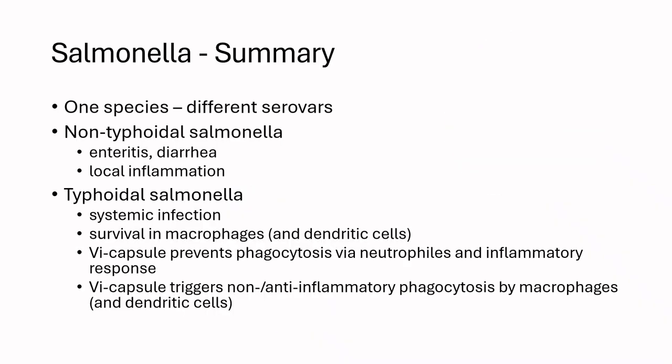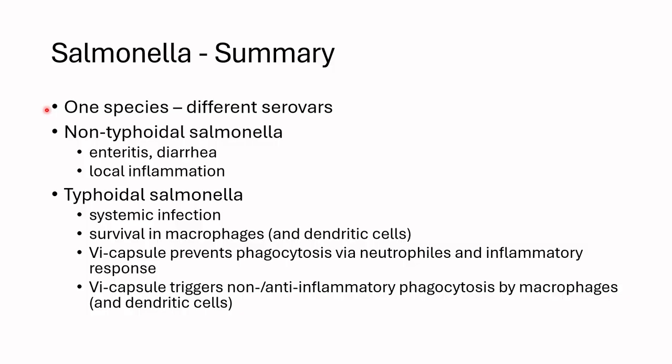With this, let's summarize what we learned in this course today. We talked about Salmonella, and we said that even though they're mainly one species, there are different reservoirs and these reservoirs can behave very differently.